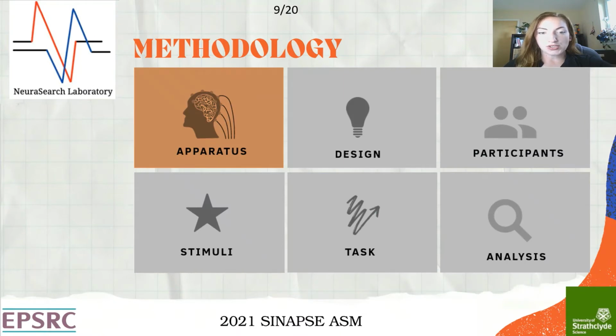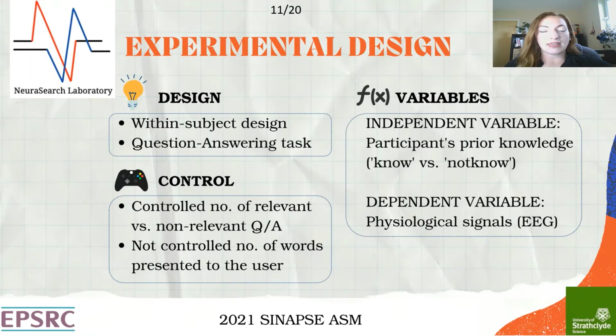So in terms of methodology, for the apparatus, we used a 128-channel geodesic sensor net. In terms of design, we utilized a within-subject design in which participants performed question-answering tasks. So a participant would see a question and either a relevant or non-relevant answer, and they were also asked whether they already knew the answer to the presented question.